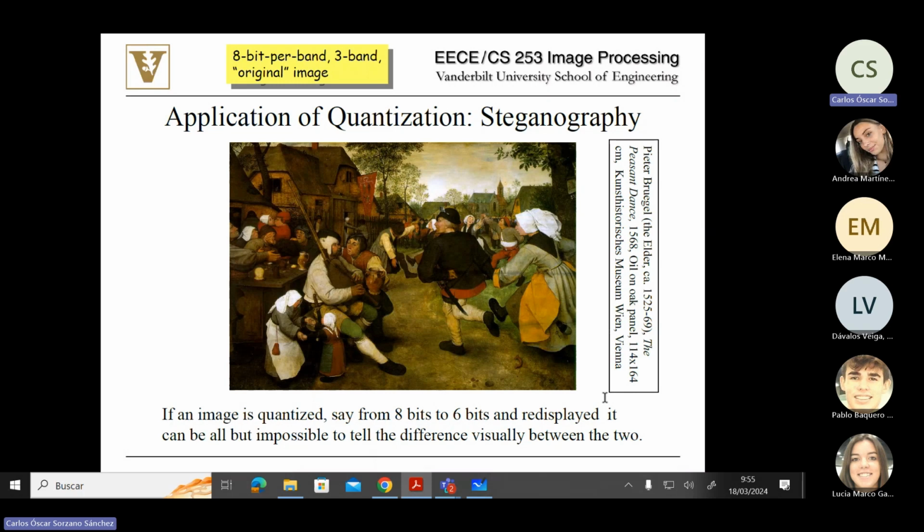Okay, so now let's do something. Let's say that I have an image, and this image has 8 bits. And I will change from 8 to 6, and then let's see the difference. So this is originally with 8, this is with 6.